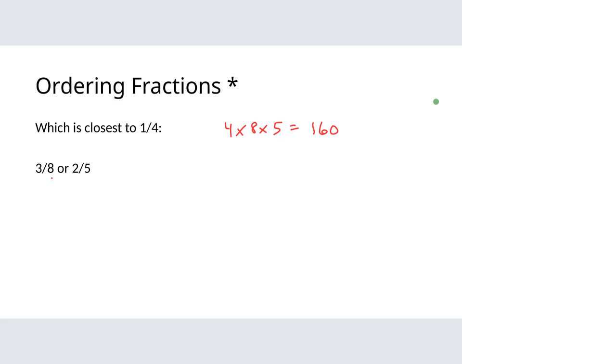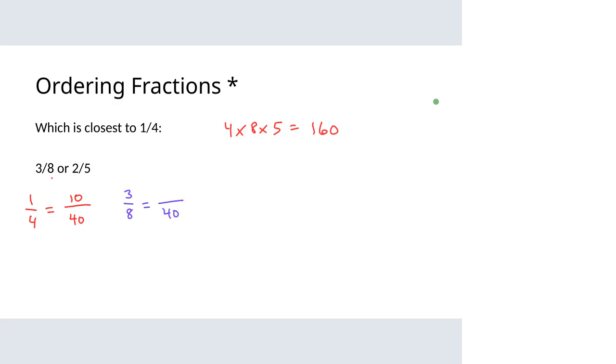First, the number that we're concerned with, the 1/4. If we want to write that with a denominator of 40, then we've got to multiply by 10 on the bottom, 10 on the top. So we want to know which of these is closest to 10/40ths. All right, so let's see. I want to write 3/8 with the denominator of 40.